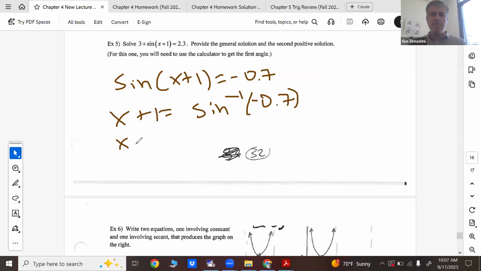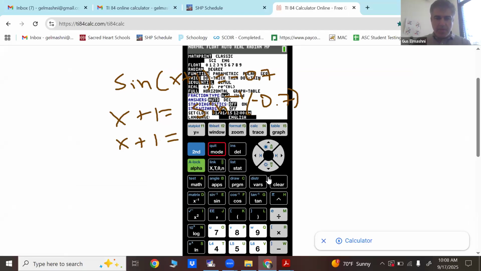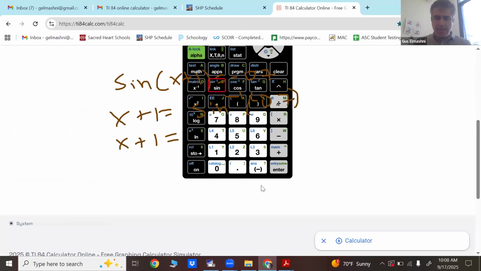It's a little crazy here, but bear with me. Let's make sure we're in the right mode. Yes, I am. Inverse sine of negative 0.7.